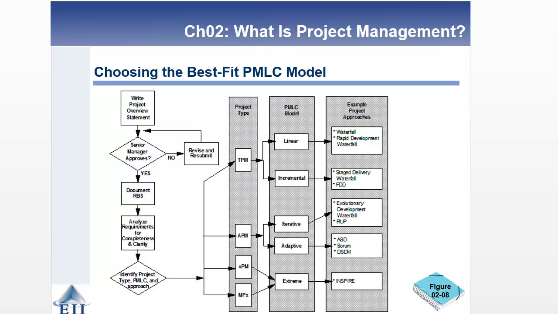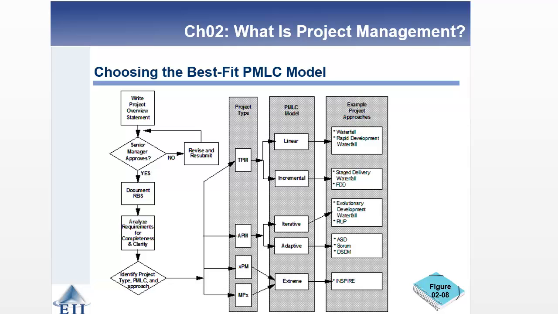They're very similar, but we'll get into those in later chapters. For incremental, you've got stage delivery waterfall, or you have feature-driven design. And again, in later chapters we'll get into what each of those two mean.